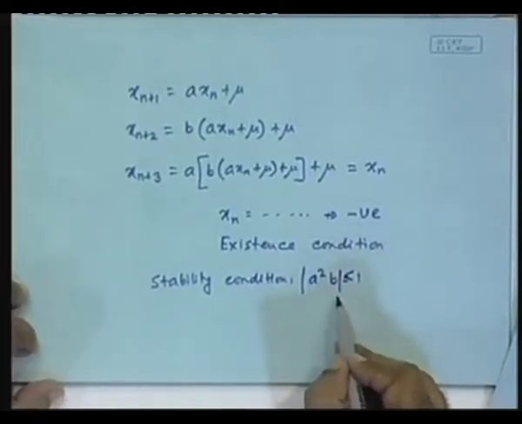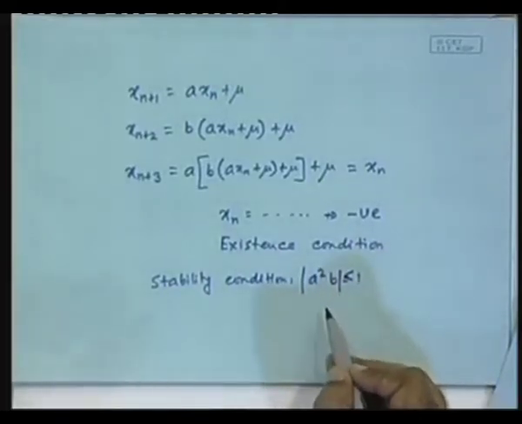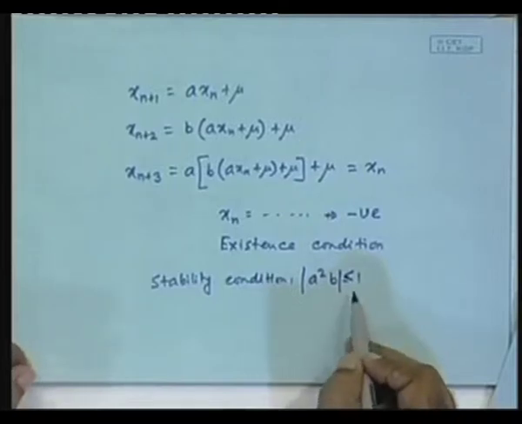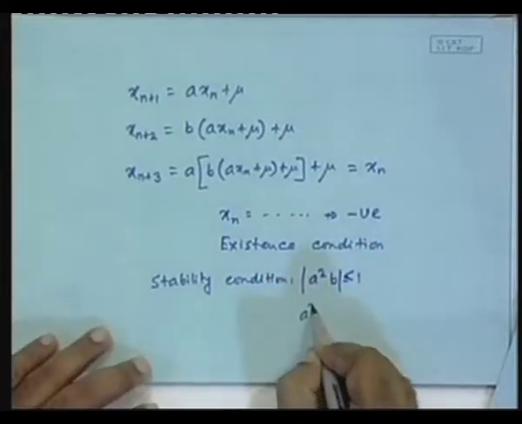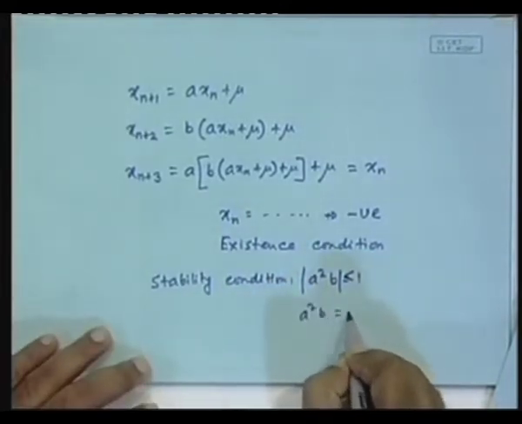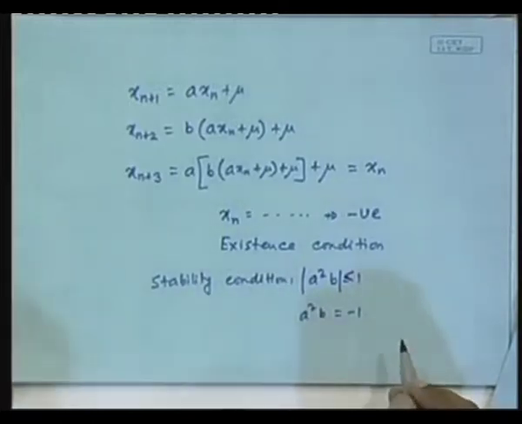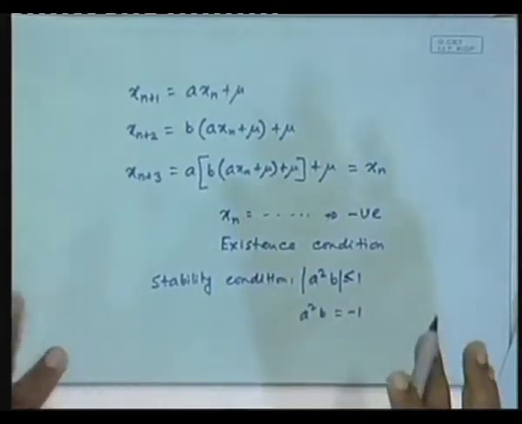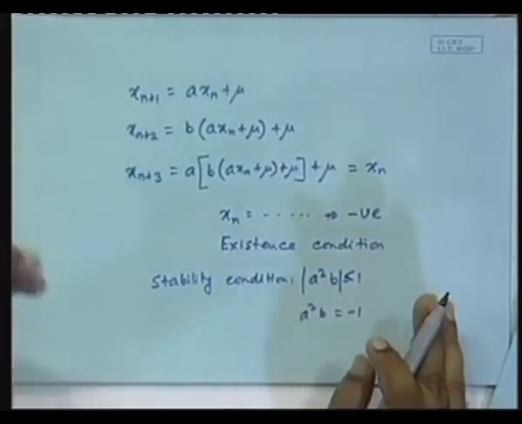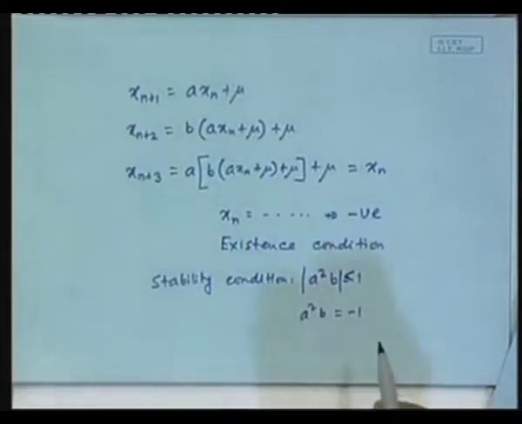And obviously, this can also be violated in 2 possible ways. If we consider the period doubling condition, then a square b equal to -1 is one violation condition.